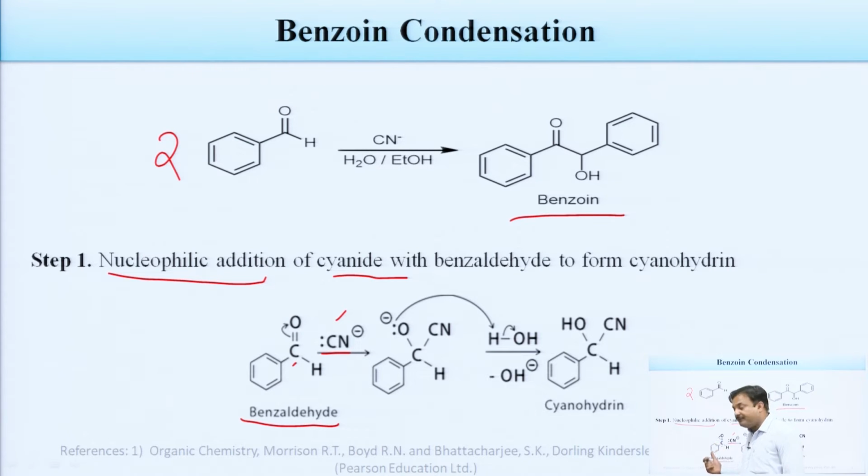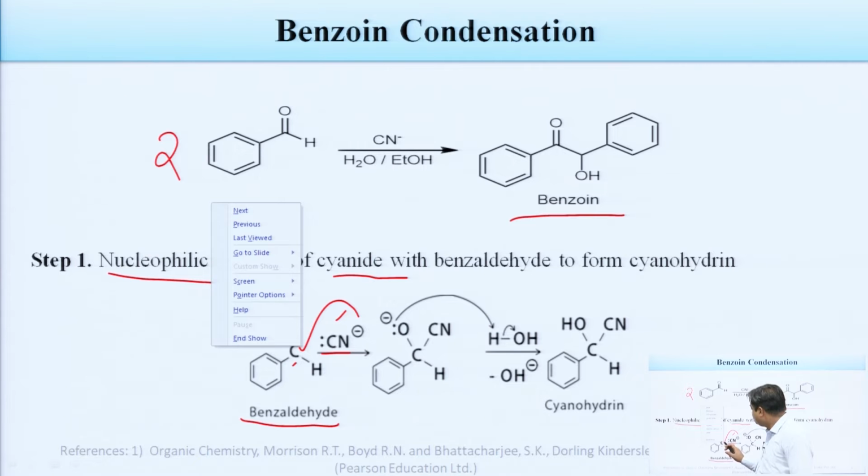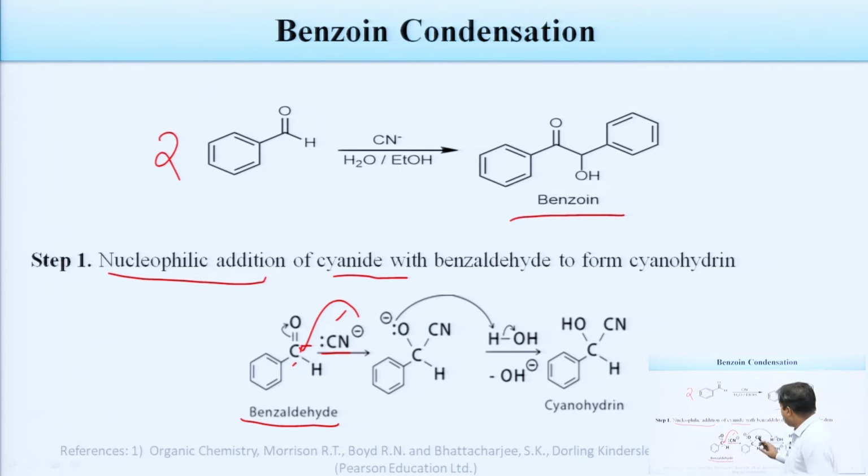When this carbon becomes positive, the nucleophile attacks this particular carbon. As the electrons move towards the oxygen, the oxygen becomes negatively charged and the cyanide is attached to the carbonyl carbon.